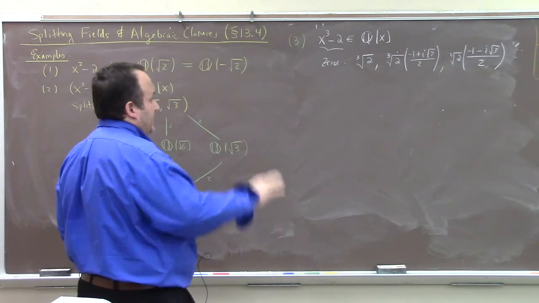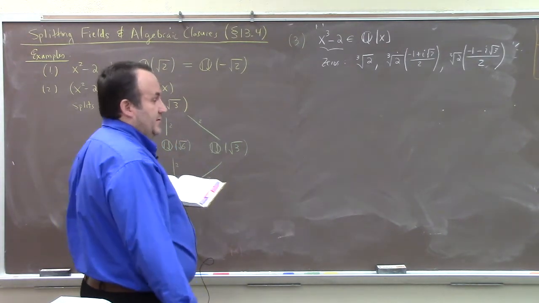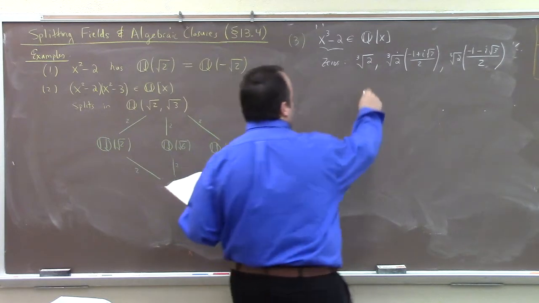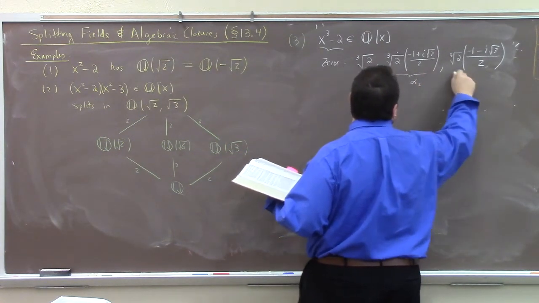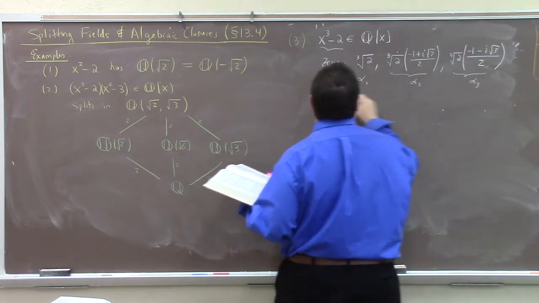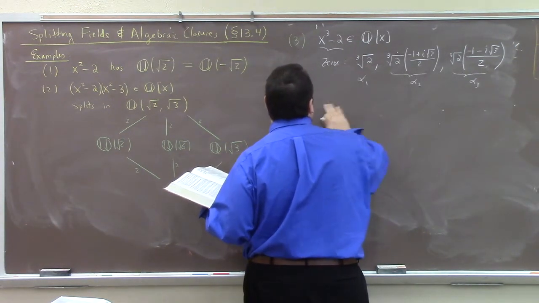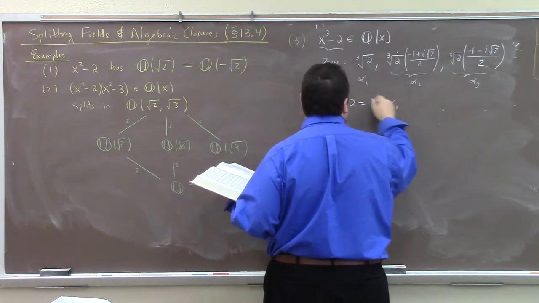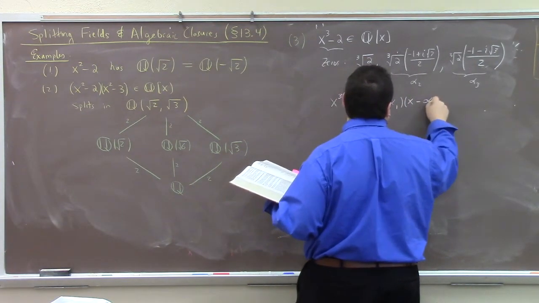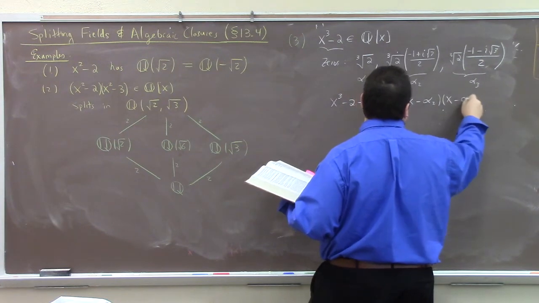So these are the roots of x cubed minus 2. If I call this alpha 1, this alpha 2, this alpha 3, of course we can write x cubed minus 2 as x minus alpha 1, x minus alpha 2, x minus alpha 3.